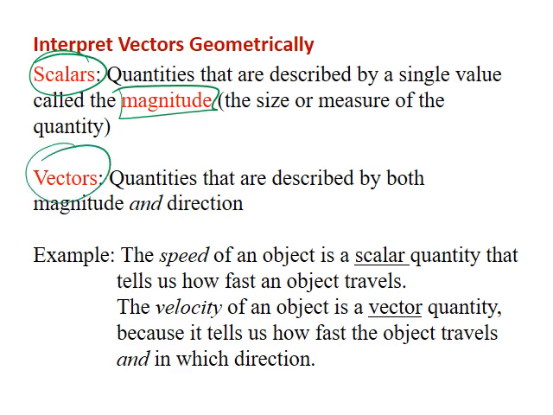Vectors, on the other hand, are the quantities that are described by both magnitude, which is like a length, and direction. So for example, the speed of an object is the scalar quantity, but the velocity is the vector quantity, because velocity measures not only how fast an object travels, but the direction also, depending on if the velocity is positive or negative.